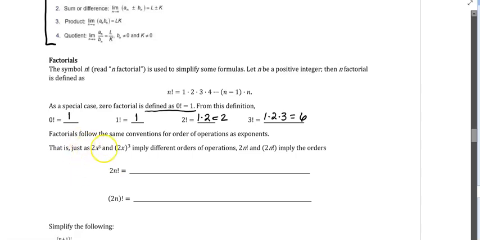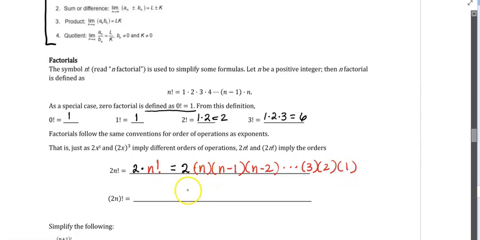It is important that we pay attention to the notation here. For instance, there's a difference between 2 multiplied by n factorial, which means take 2 and then start breaking down the n factorial. We would multiply n, and then n minus 1, n minus 2, until we got down to 3, 2, 1.